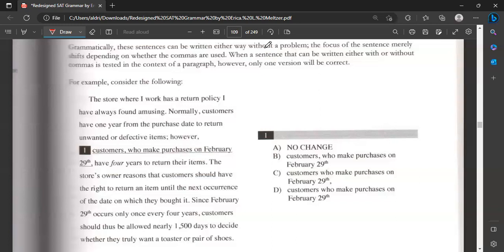Well, let me see if we have anything in the chat.